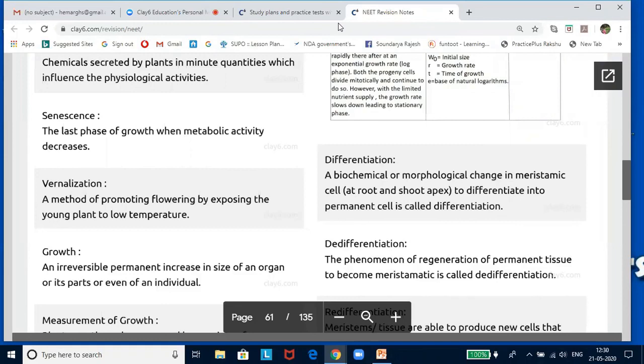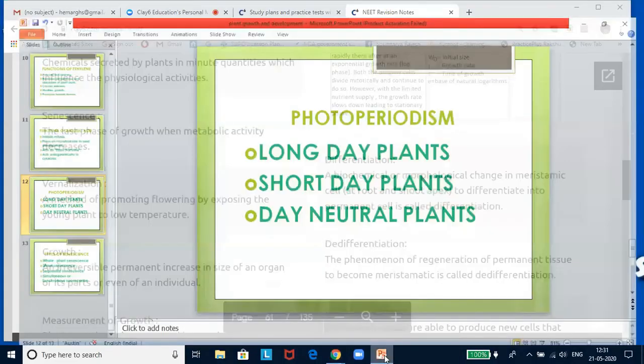Now, the next one we have to look at is senescence. Senescence is the period between complete maturity and final death of an organism. During this period, a gradual deterioration occurs in structure and functioning, characterized by accumulation of waste metabolic products and decrease in dry weight.